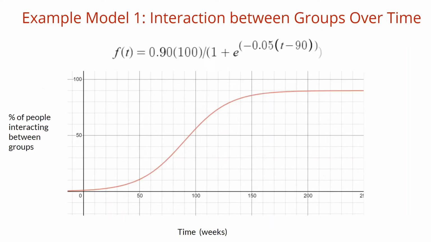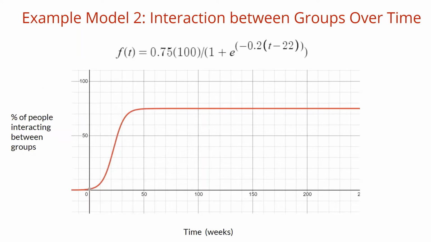A is 0.9. However, the rate of growth is 0.05, and it grows more slowly compared to model 2, in which K is 0.2. This means a faster growth. However, in this model, only 75% of people are willing to interact at the end. This means that our final upper limit is lower than before, although the model grows quicker.